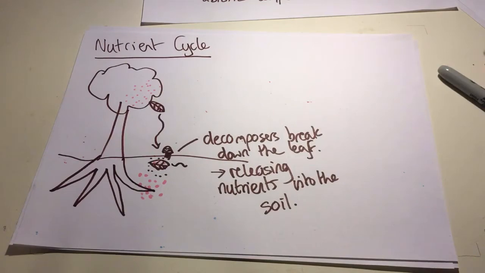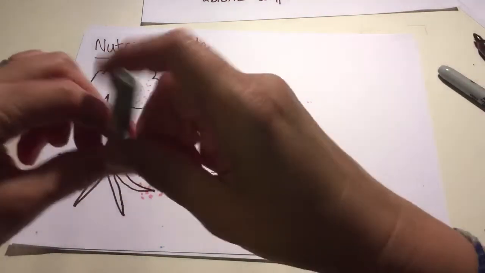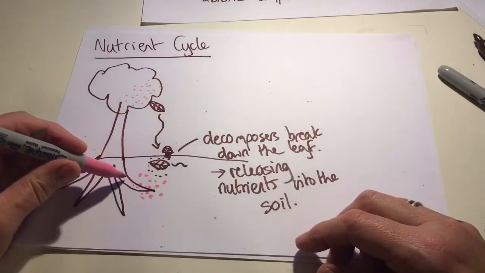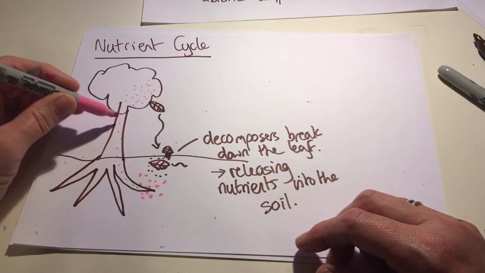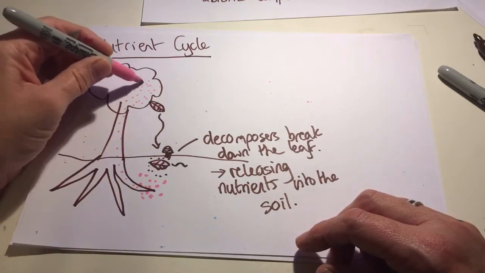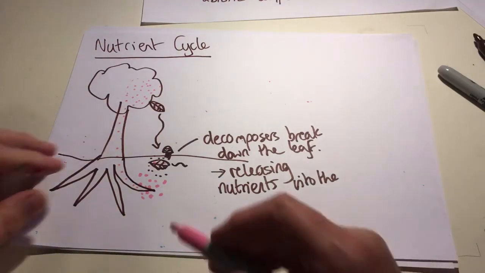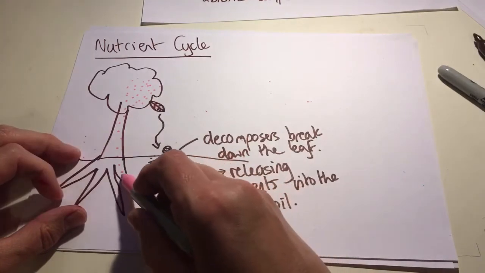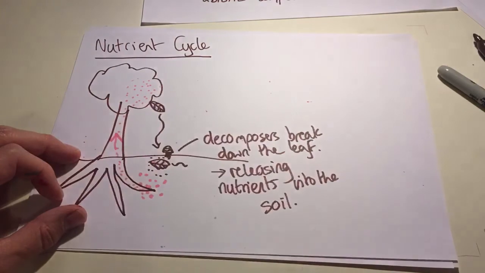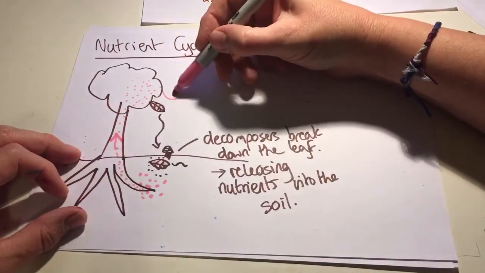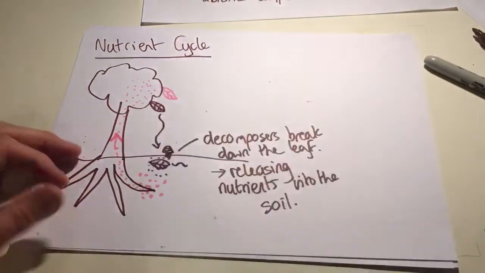And the roots of the tree need more nutrients to create more leaves. So they take up through their root cells, think about your biology, through their root cells, they take in the goodness, they take in the water, and they take in the nutrients. And the nutrients are taken in through the roots and they work their way up. We can do an arrow in the nutrient colour, up and up and up, and then create new leaves.